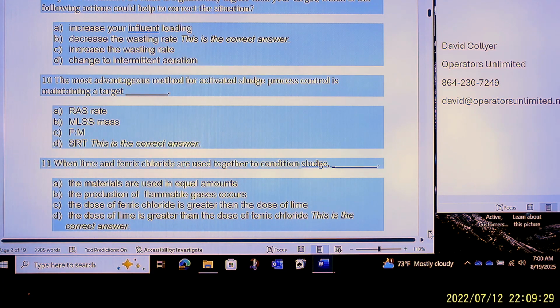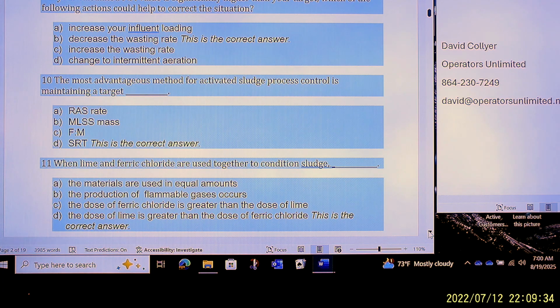Number 9, if your calculated F to M value is significantly higher than your target, which of the following actions could help to correct the situation? Increase your influent loading, decrease the wasting rate, increase the wasting rate, change to intermittent aeration.